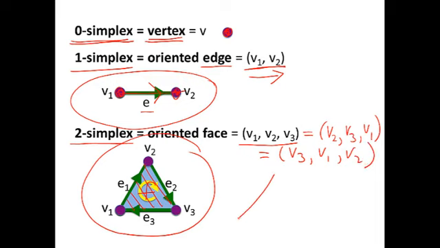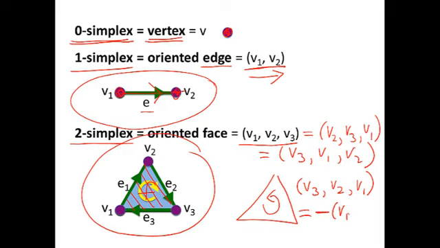If I wish to reverse the orientation and travel in the counterclockwise direction instead, I can reverse the order of the vertices, and so V3, V2, V1 gives me the face with opposite orientation to that of V1, V2, V3.